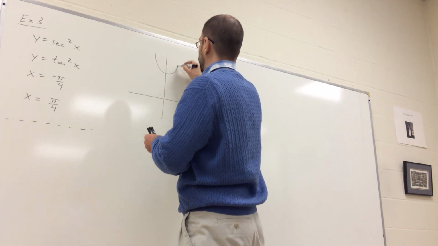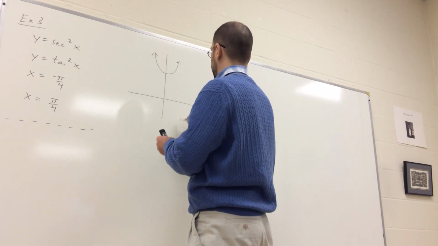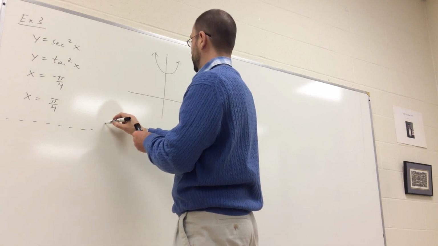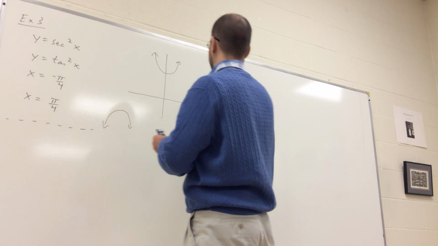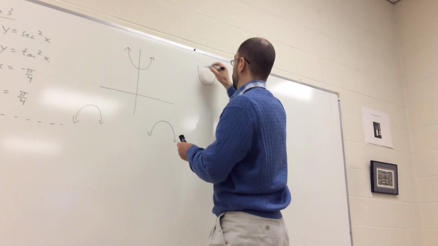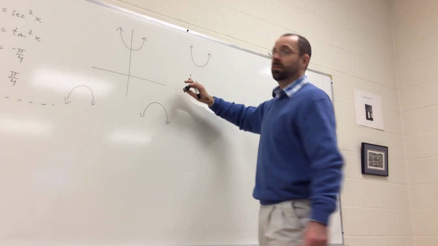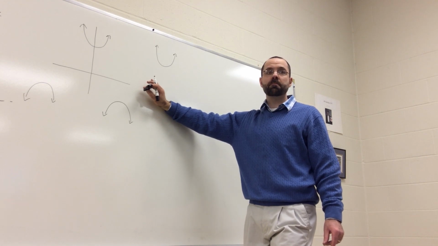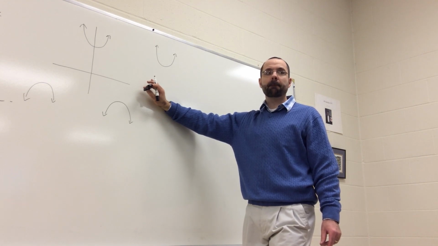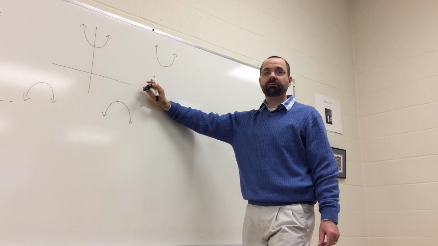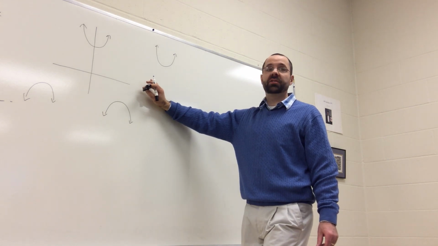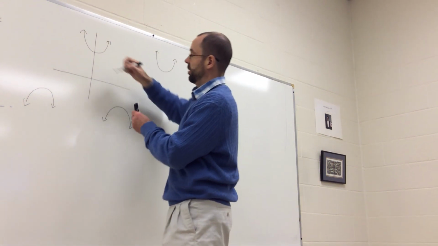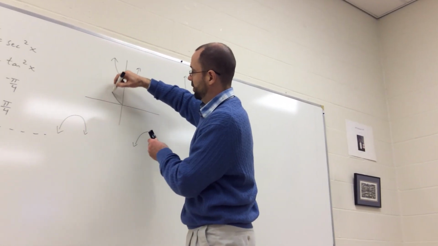So that ends up looking like this. Bunch of crazy parabola looking things. And then tangent squared ends up looking like this.